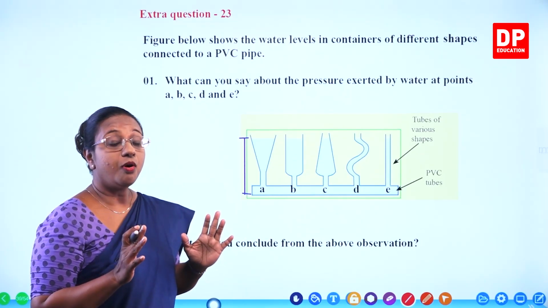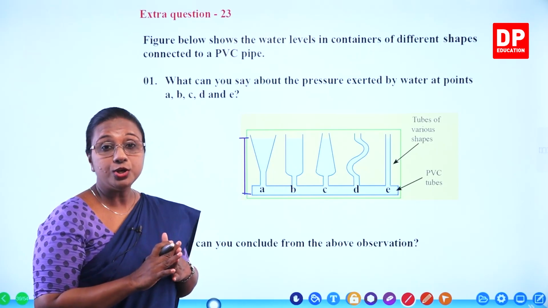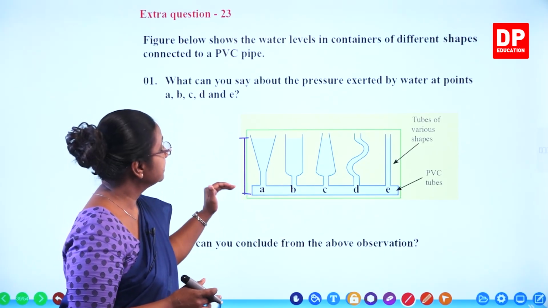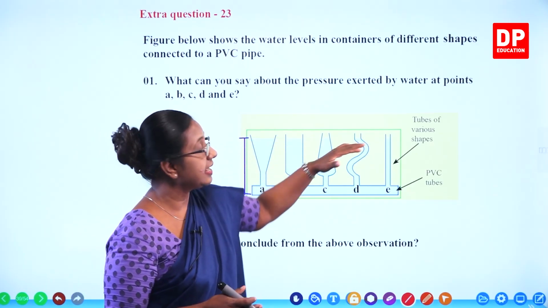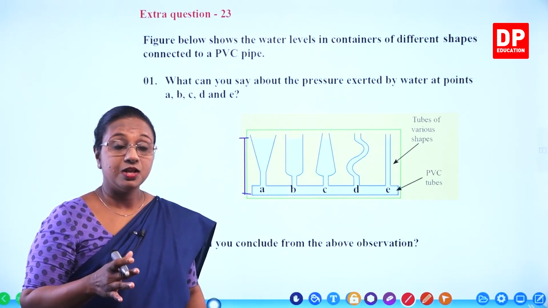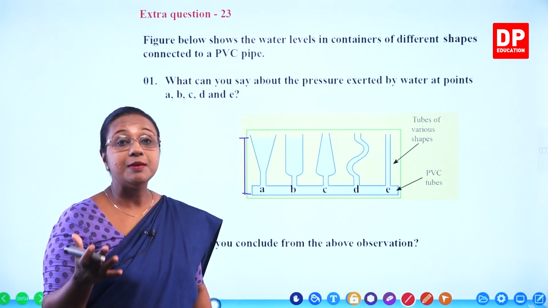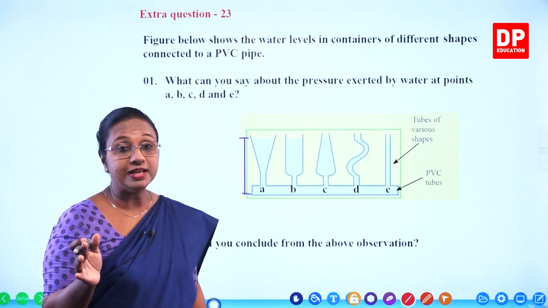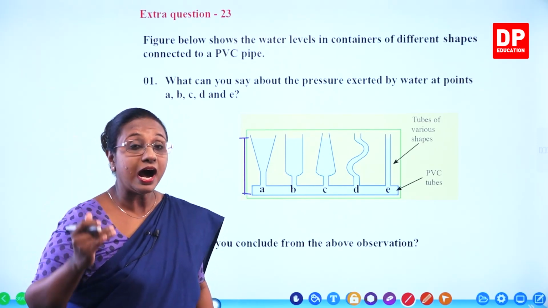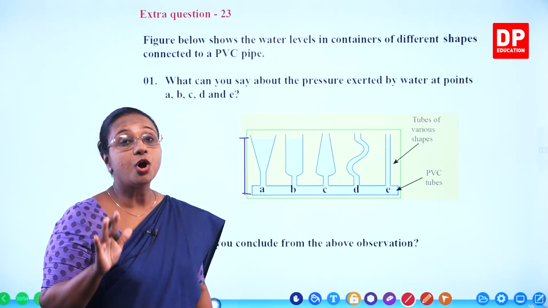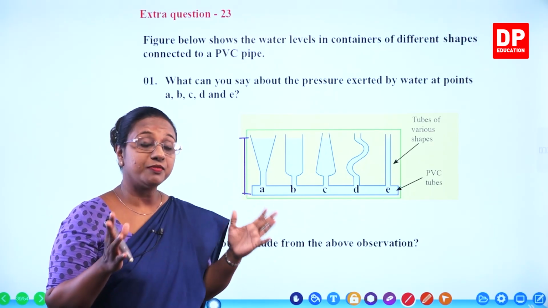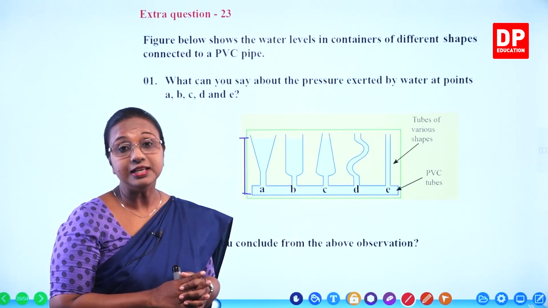So although the shape and the volume of liquid inside the containers are different, still they all have the same vertical height. So from that, we were able to understand that the pressure exerted by liquids depends on the height of the liquid column, not on the shape of the container or the volume of the liquid.